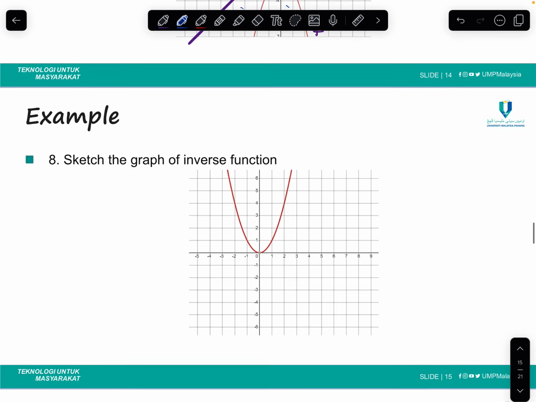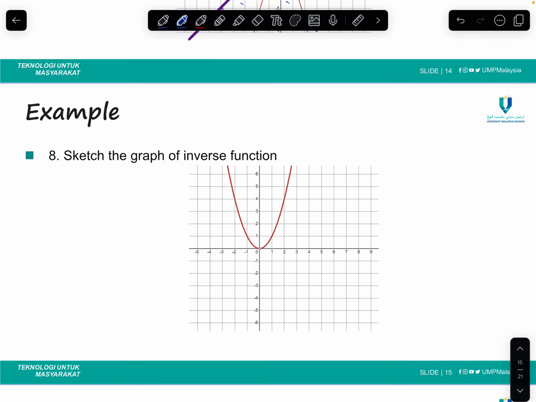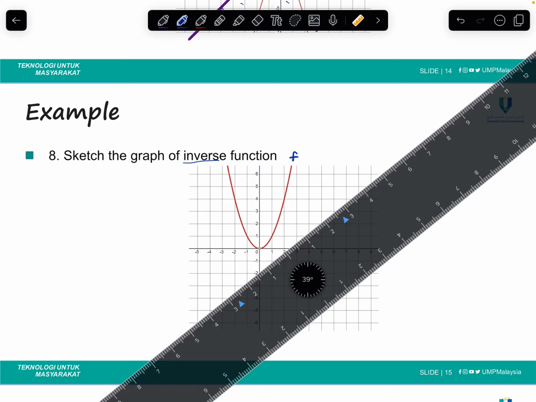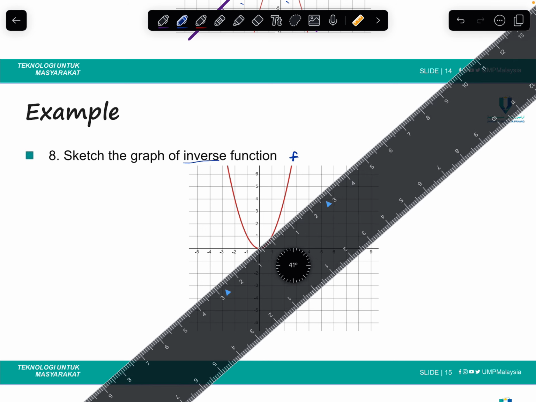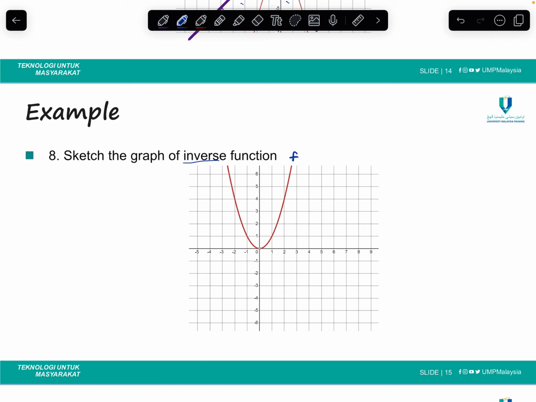Okay, now example 8. This is f, and you need to sketch the graph of inverse function. So first you need to have the y equal to x line, so it must be 45 degrees.